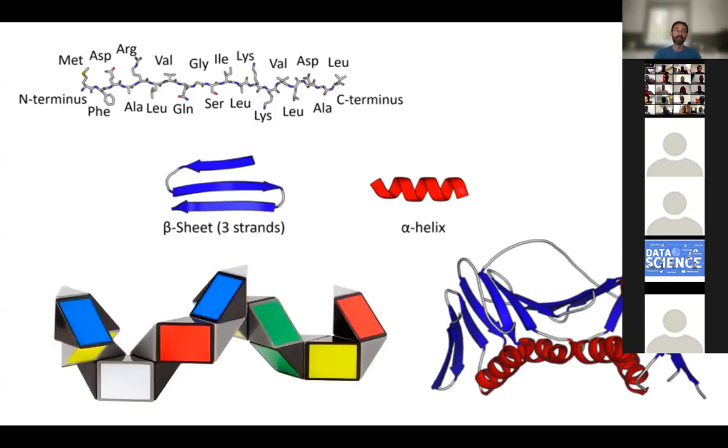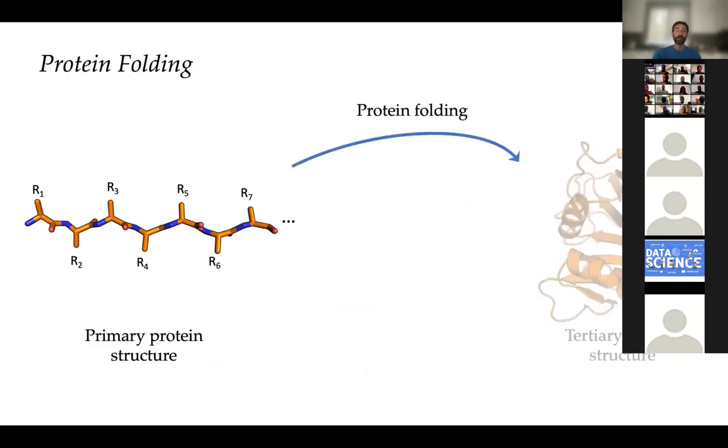So a good analogy that I like is this, I don't know if you're familiar, this snake toy, which is a one-dimensional structure, but you can twist it, and you can this way build many complicated 3D structures from just one-dimensional thing. And the problem of protein folding is predicting the geometric structure, this 3-dimensional configuration, from the sequence of amino acids.